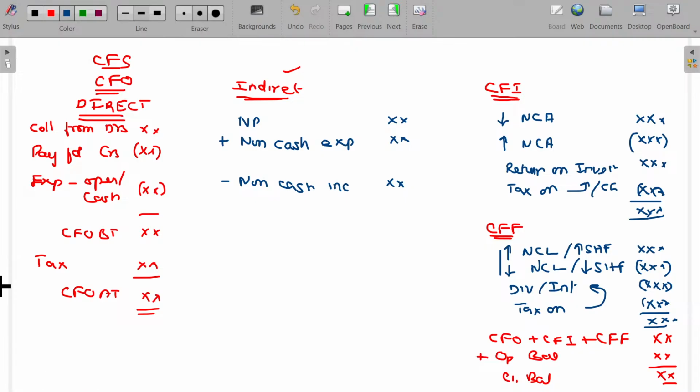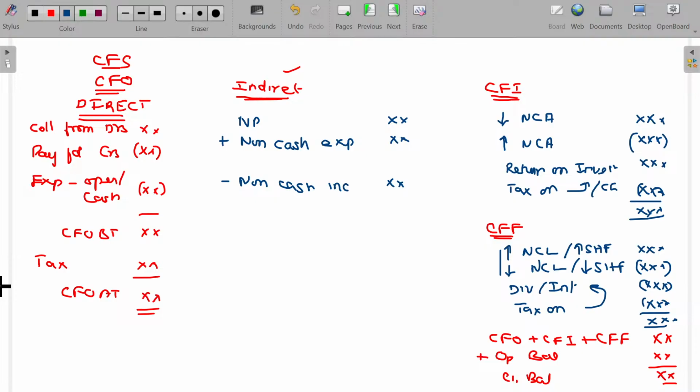But anyhow, I have the surplus resources. That resource can be temporarily used for generating income. But those things are not related to the operations. Cash is there, invested, revenue generated. Related to the investing, not here. Similarly, I may purchase a share, I may get the dividend temporarily. Temporarily, I may let out my property where it is not operated for some period. For additional resources, I am getting revenue.